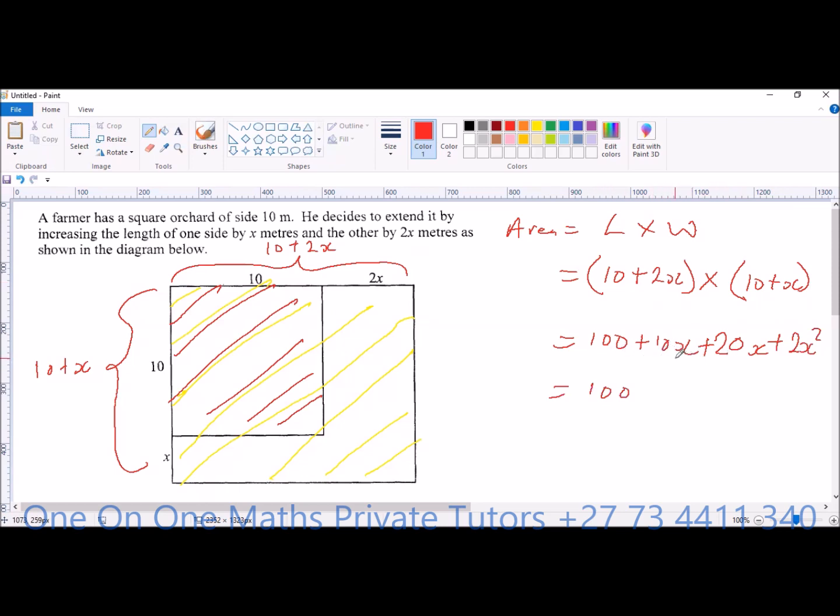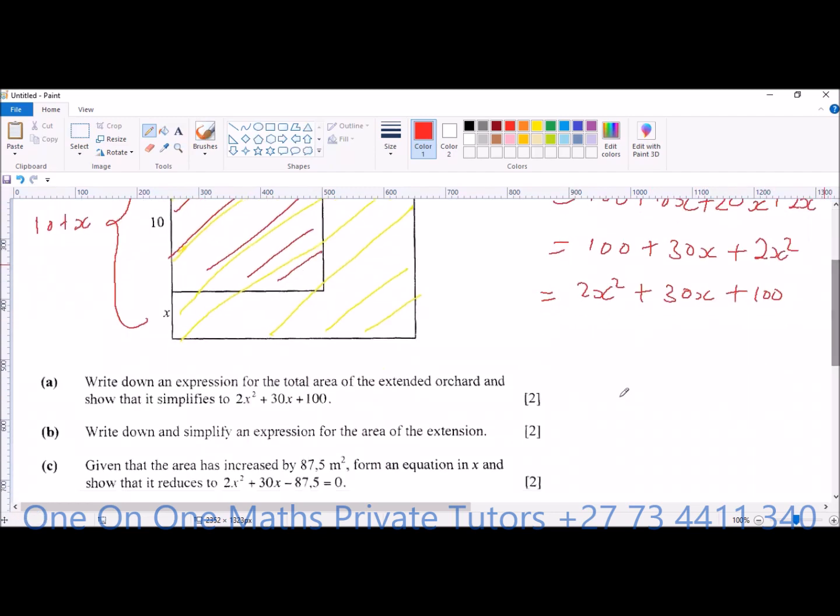We collect like terms. 10x and 20x are like terms, so we can add them. Plus 30x plus 2x squared. We can rewrite this as 2x squared plus 30x plus 100, which is what we have here. So we are done with that.